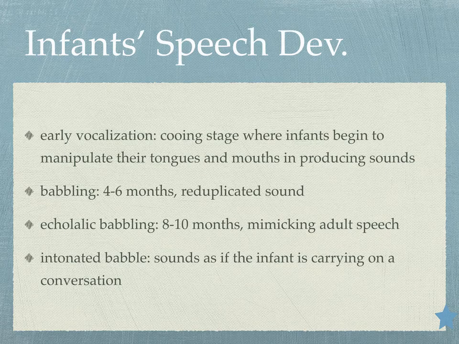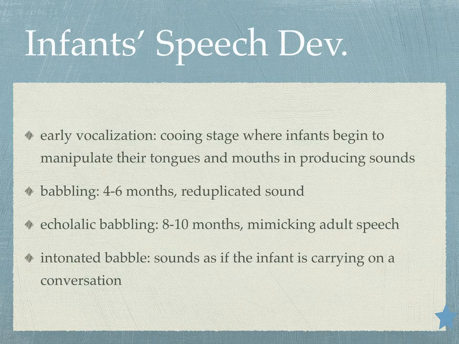Evidence supports that infants produce a small subset of sounds that are similar across all different languages. So our babies from India are making the same cooing sounds as our babies from Chicago, as our babies from Australia, an Asian country, an African country, which I think is just really fascinating.